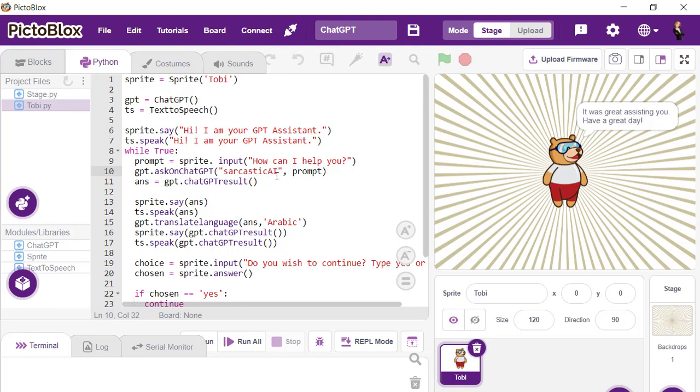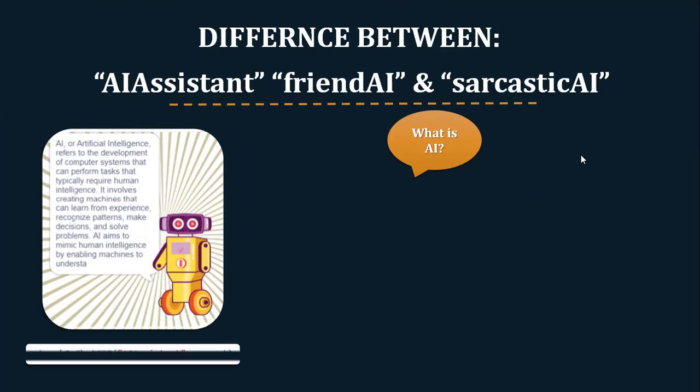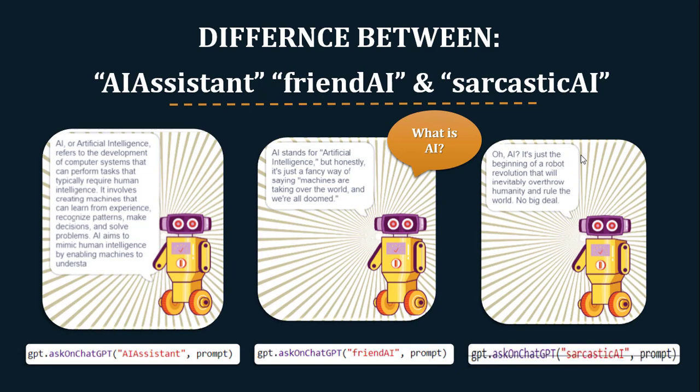So I'll show you all the three differences of AI assistant, friend AI and sarcastic AI in the slide. So let's see the difference between the options of Ask on GPT, that is AI Assistant, Friend AI, and Sarcastic AI. So when I asked the question, what is AI, to the AI Assistant option, it gave me a very detailed answer on what is AI.